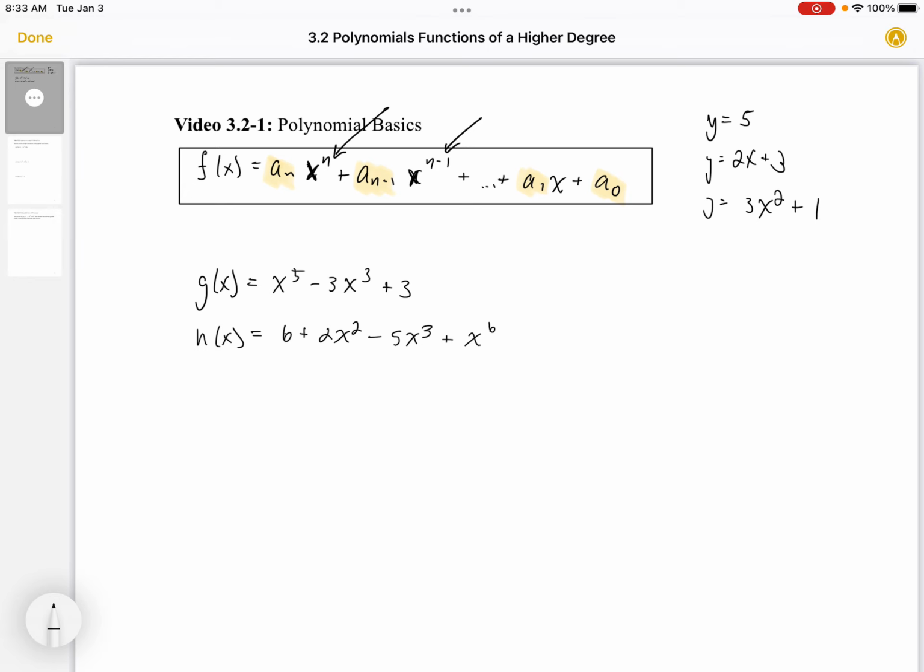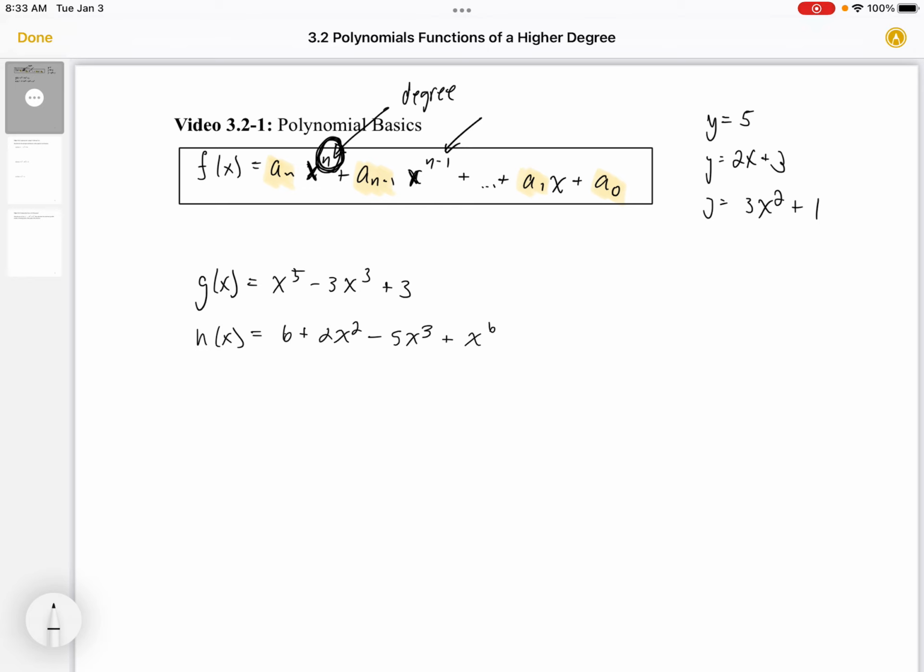And these are the simpler ones, and as the degree increases, and when I say degree, I mean the greatest power of x is our degree, analyzing the polynomial becomes a little bit more complicated.